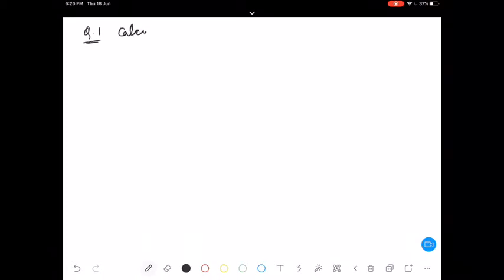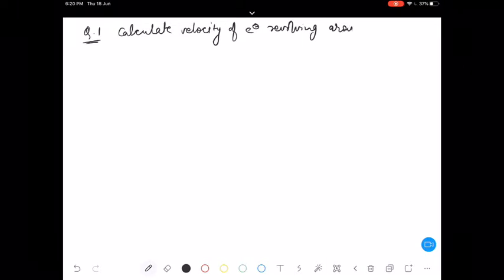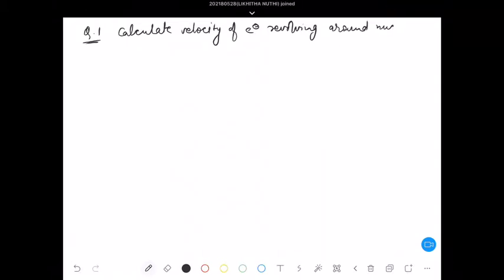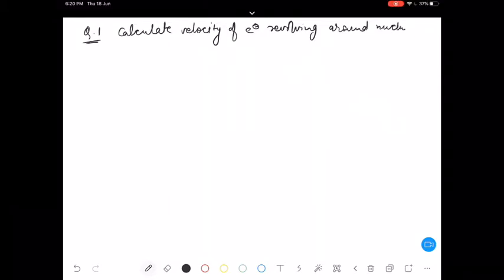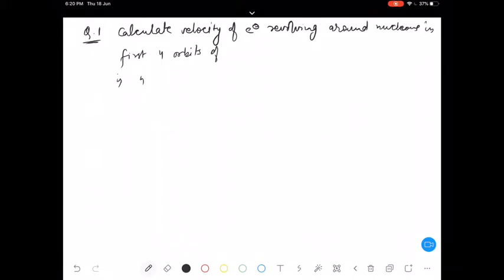Question number 1. Calculate velocity of electron revolving around nucleus in first 4 orbits of, first one, again hydrogen, you will calculate now.